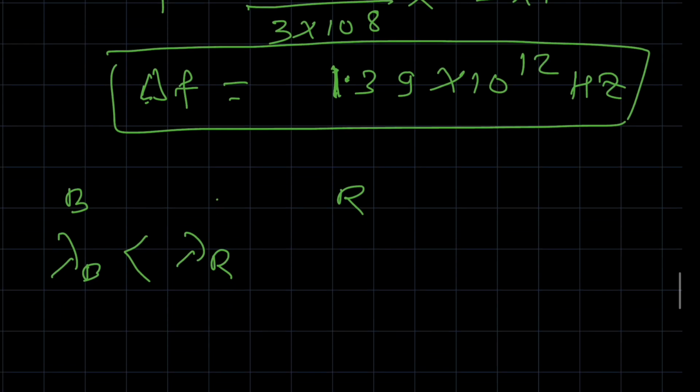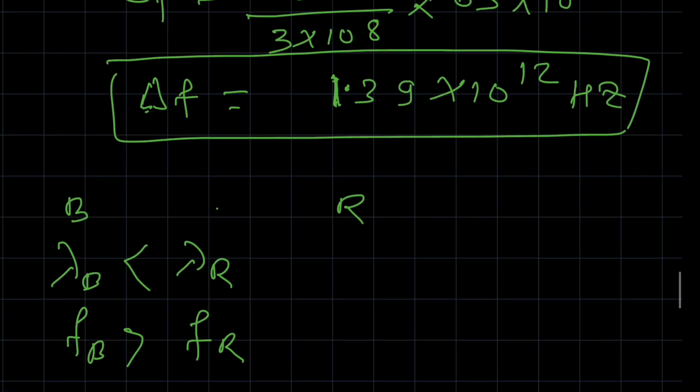In the same way, the frequency of blue light is greater than the frequency of red light. So in this case, the frequency is decreasing, which means the wavelength is increasing, which means this is moving from blue to red.